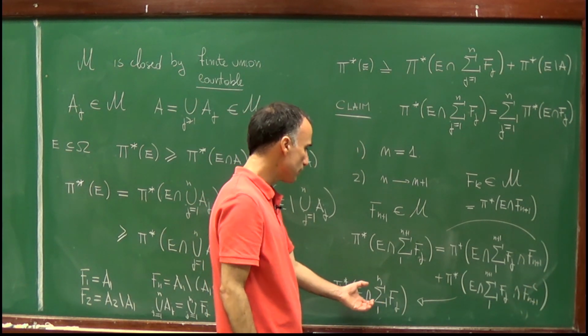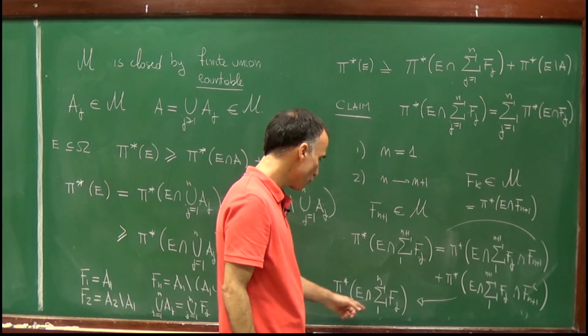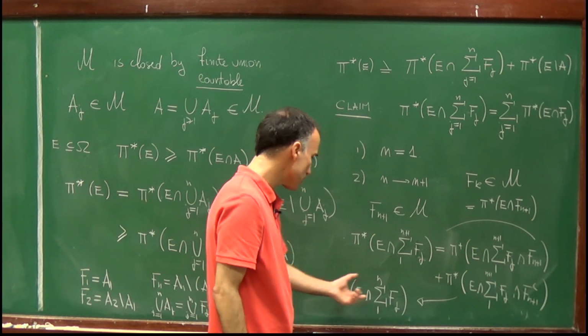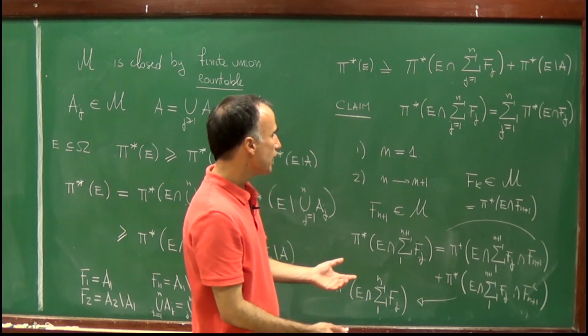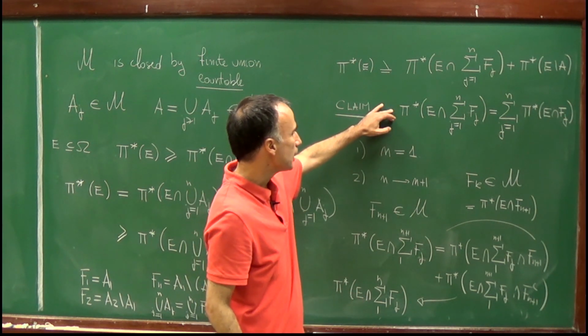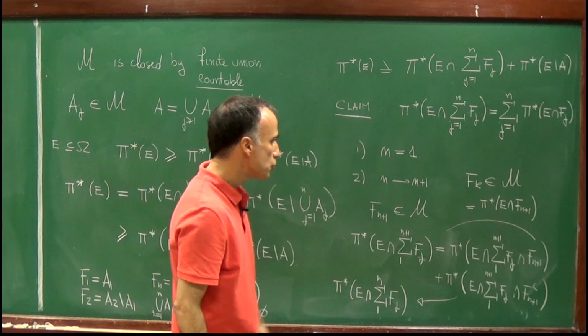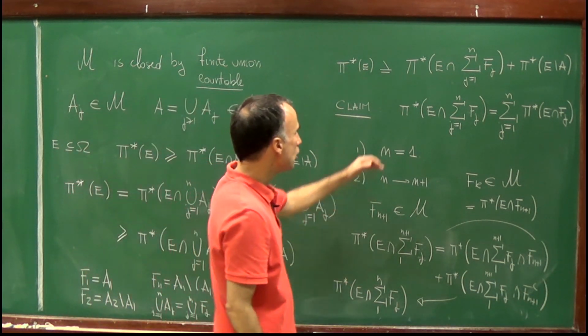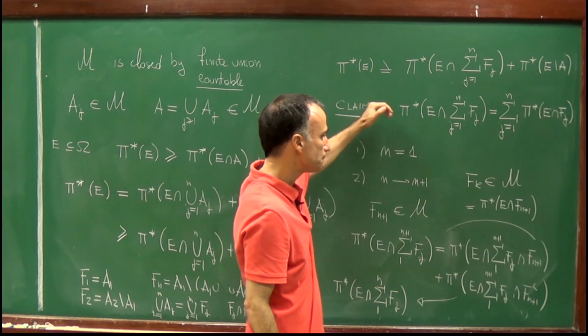Now we can use the induction assumption to rewrite P star of this intersection as the sum of P star and to obtain the claim for n plus 1. So this concludes the proof by induction of this identity. Right?